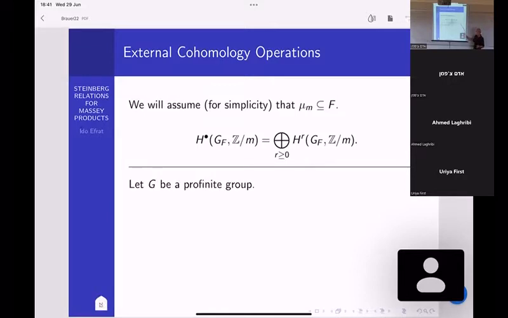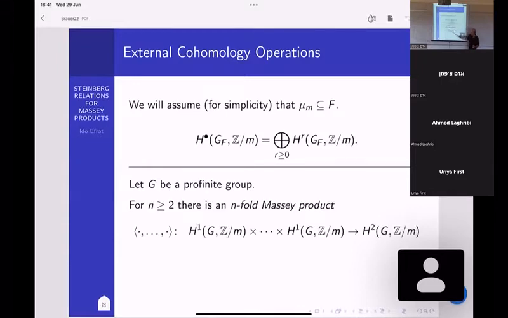Now, for the Massey products, we take a profinite group G, and for n, an integer at least 2, we have the n-fold Massey product. What's that? It's usually written like this with triangular brackets. It's from the direct product of n copies of H1 to H2, but I'm cheating a little here. It's not really a map.